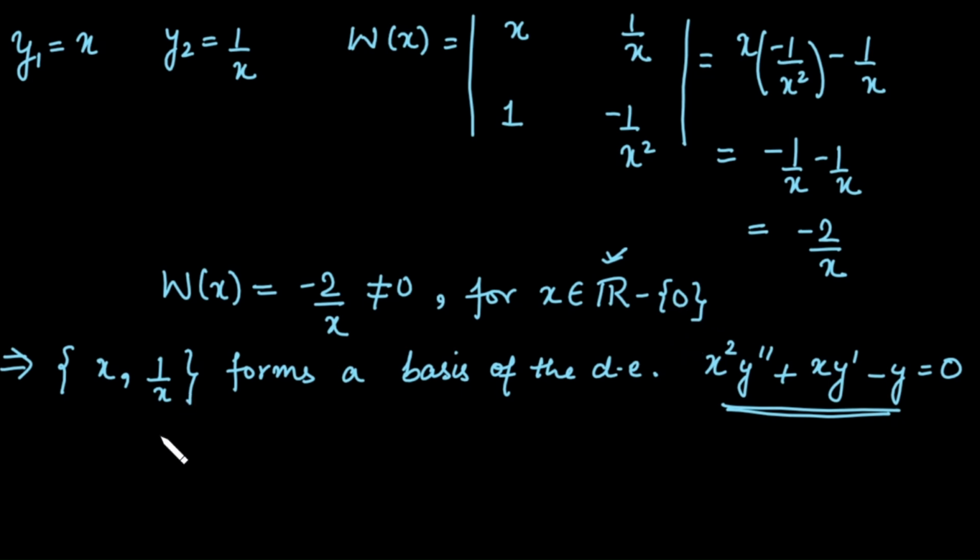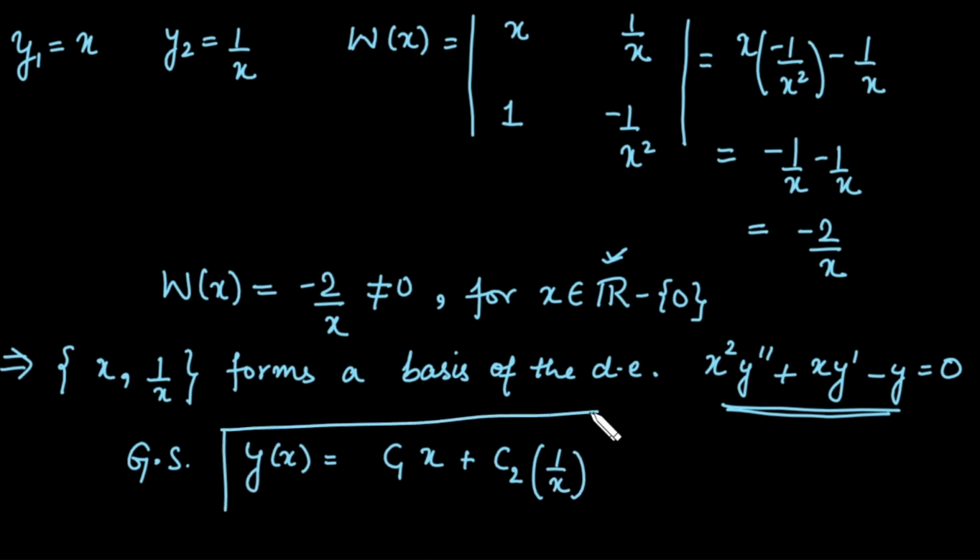Now, what is the general solution? The general solution is y(x) equal to c1 times the first solution, that is x, plus c2 times the second solution, that is 1 by x. So this is how you will write the general solution in this case.